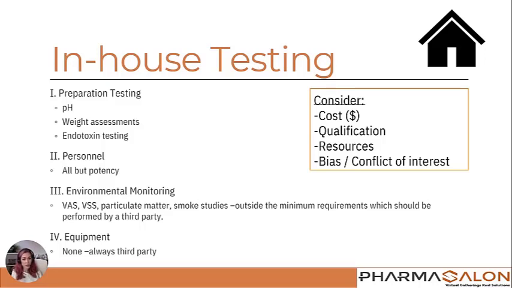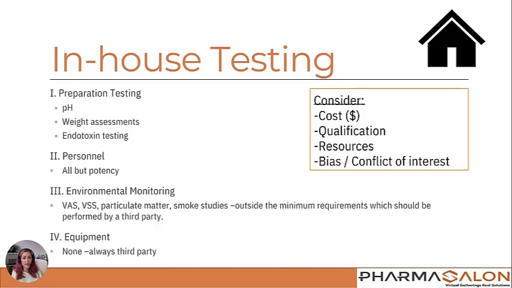So maybe you want to do viable air and surface sampling monthly, if that's what you want to do in-house. Again, just make sure you've got SOPs for how to use that equipment, how to perform those tests, and then how to evaluate the results. So you're going to want to make sure that you have those written and that they are very robust so that mistakes will not be made.